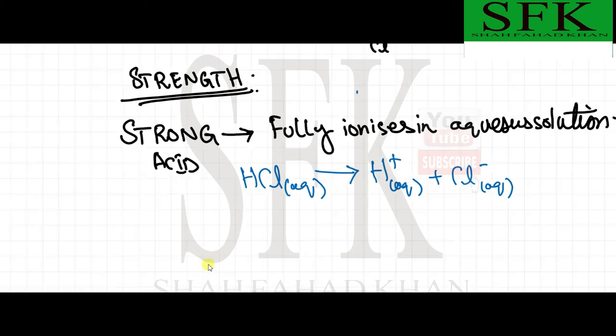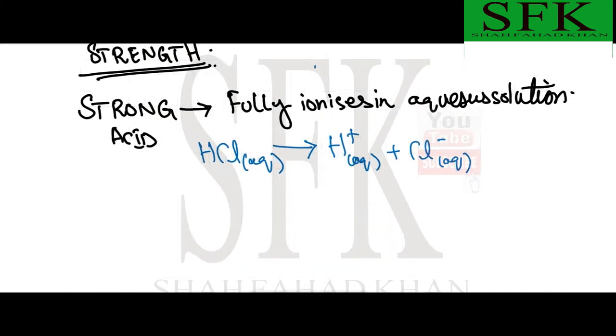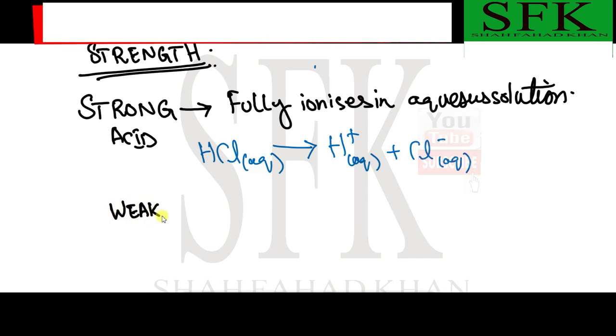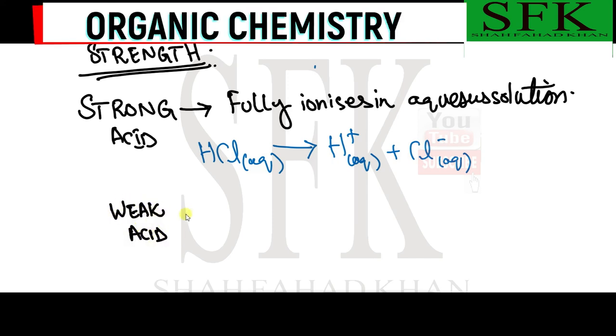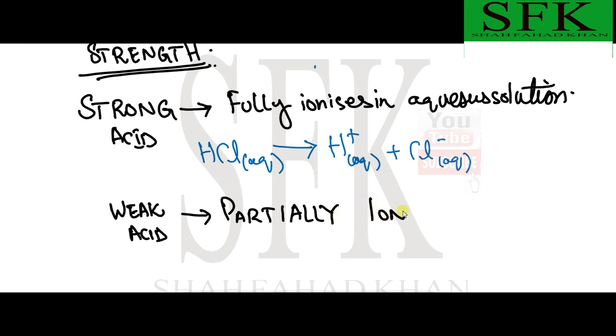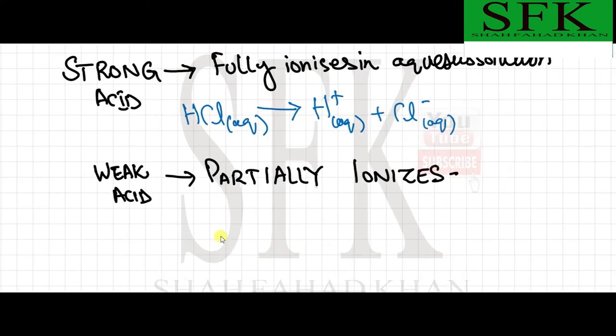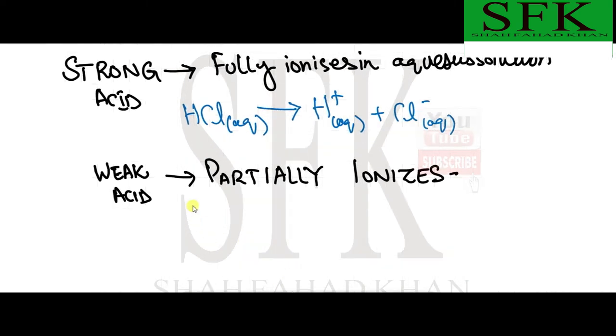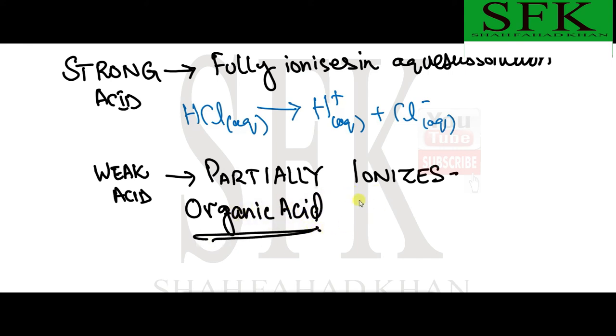As compared to a strong acid, a weak acid is any acid that partially ionizes in aqueous solution. Examples of weak acids are the organic acids, which include methanoic, ethanoic, propanoic and butanoic acid.